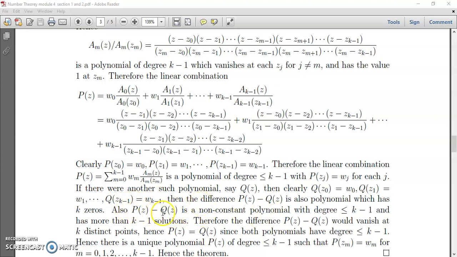Having more than k minus 1 solutions is only possible when p of z minus q of z is a zero polynomial.